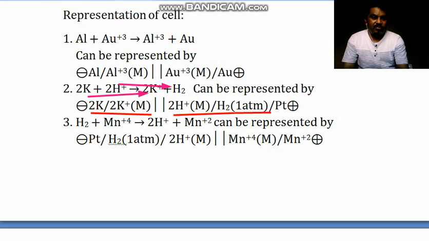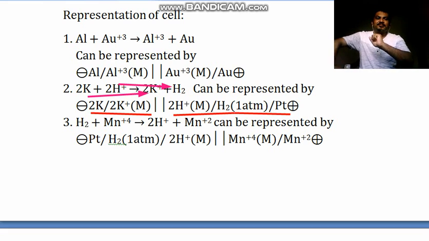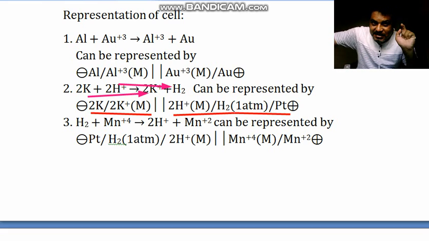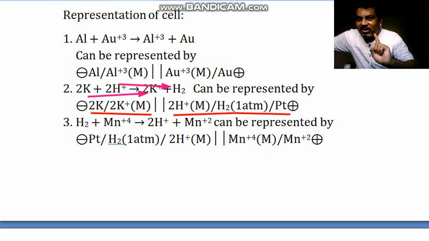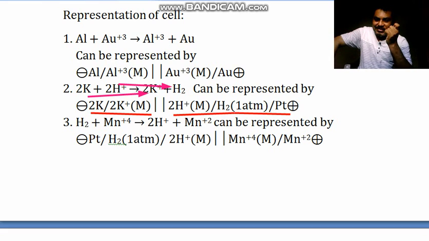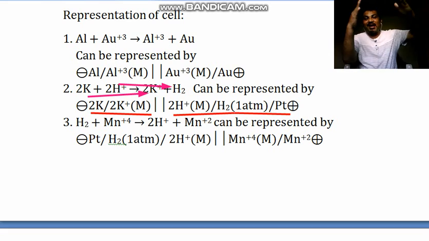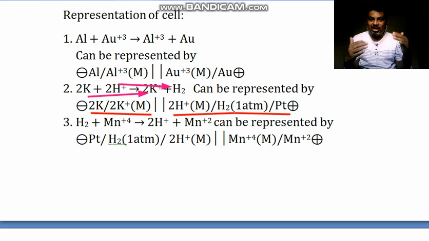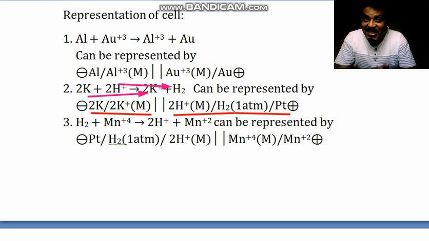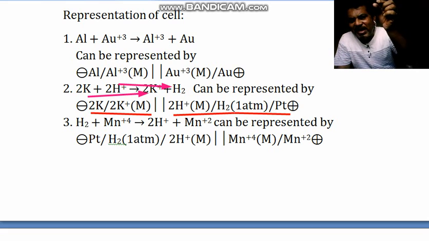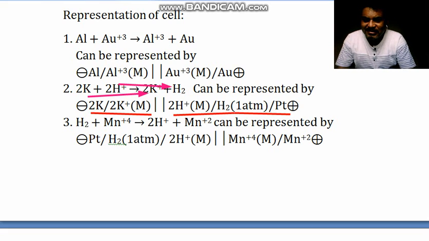Here one more thing is added: platinum. Why is platinum added here is the question. Dear student, you can understand why. When we were talking about the half cell, we saw that the platinum wire is to be joined with the other thing, and that is our knowledge.